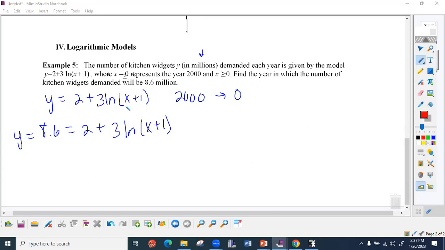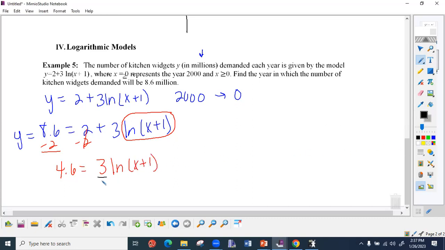And our goal here is to get our natural log by itself to solve. So in order to do that, the first thing I'm going to do is subtract 2 from both sides. That's going to leave me with 4.6 equals 3 times the natural log of x plus 1. It's not completely by itself, so I'm going to have to divide by 3. And again, I want to hold on to those values for as long as possible, so do not put anything in the calculator yet.